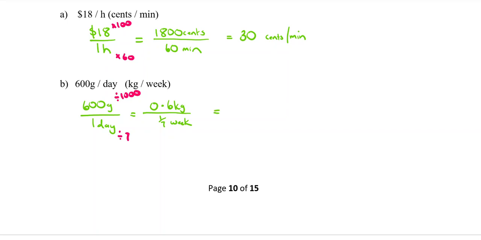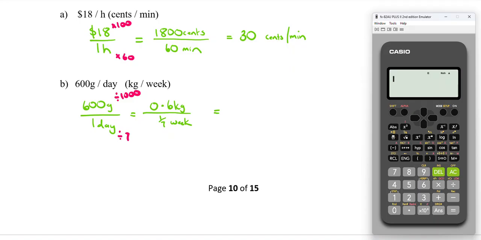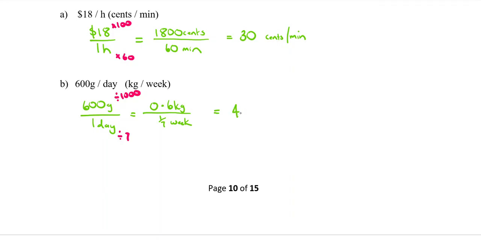Okay, it's all right to have a fraction in a fraction. Our calculator can handle that. So let's type this in. We have a fraction with 0.6 on the top, and on the bottom we have a fraction 1/7, and there it is. It's equal to 4.2, and that will be kilograms per week.